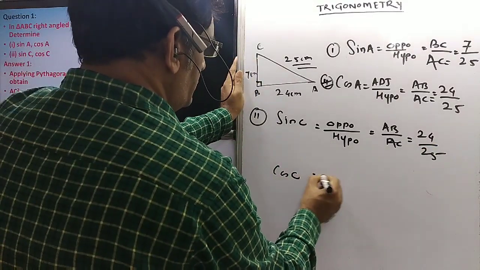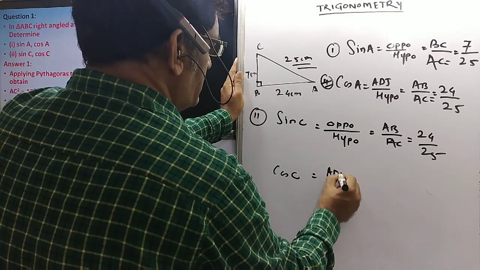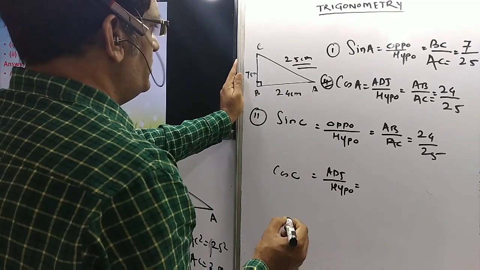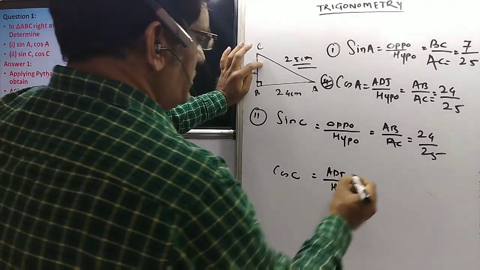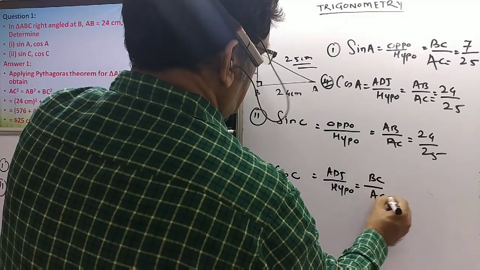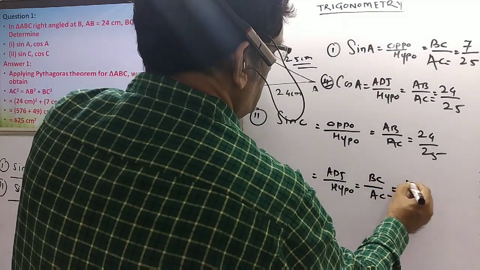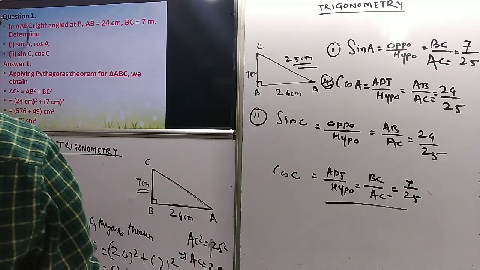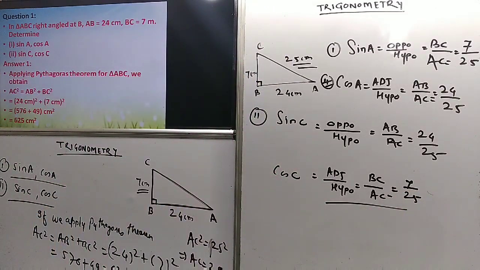Centimeters get cancelled in the ratio. Cos C is adjacent side by hypotenuse. With respect to C, the adjacent side is BC and the hypotenuse is AC, so it is 7 by 25. So this is all about sin A, cos A, sin C, cos C in this first problem.